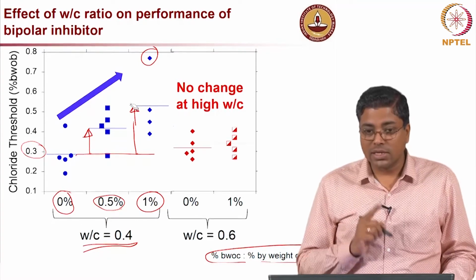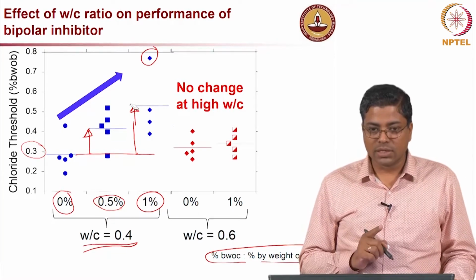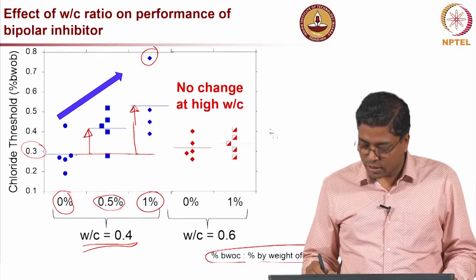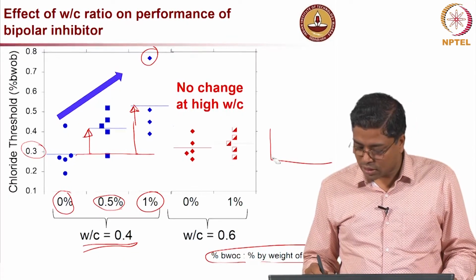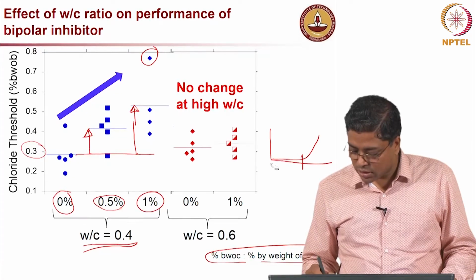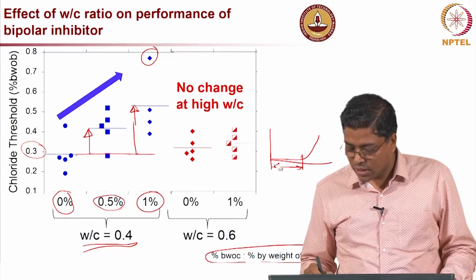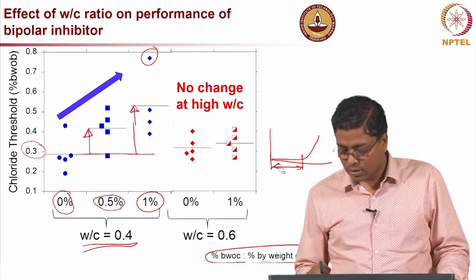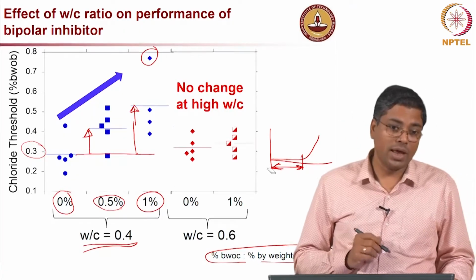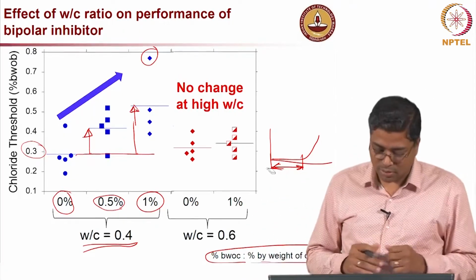When we say it increases the chloride threshold, what it means is that the initiation phase, which I showed earlier in the service life chart, is going to be longer. So, the initiation phase can be enhanced or increased by using corrosion inhibitors.